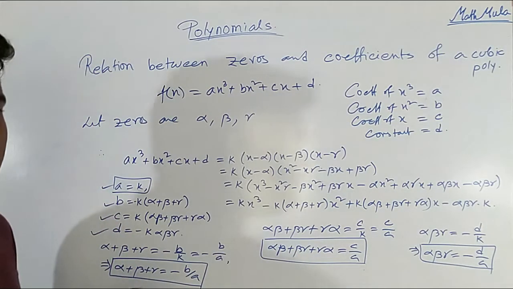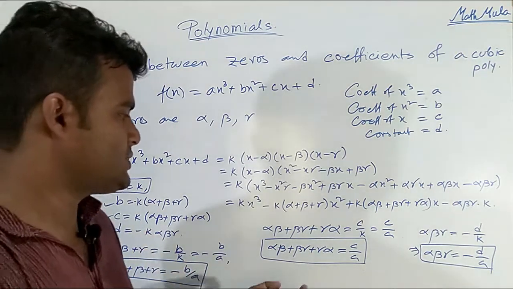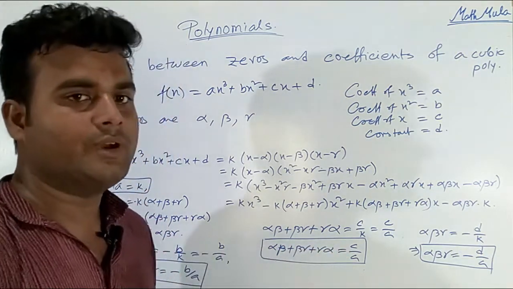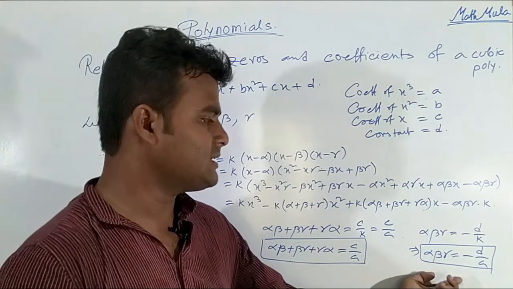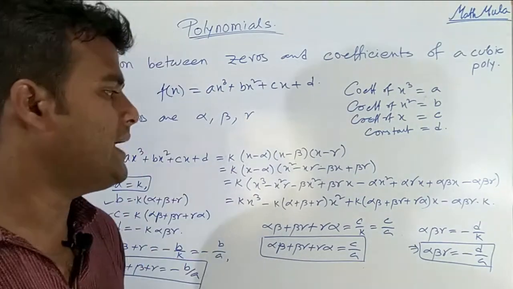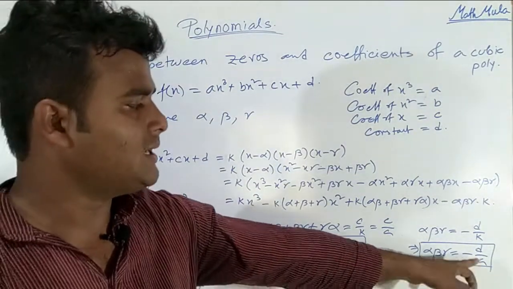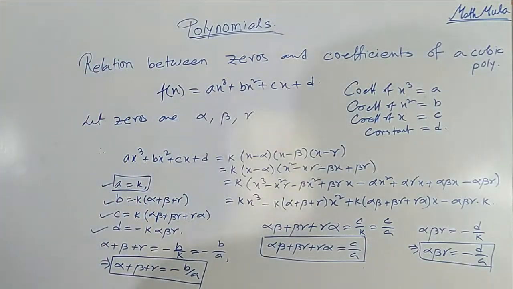That means the sum of the products of two zeros at a time is equal to the coefficient of x by the coefficient of x cube. And the last relation, the product of the zeros is equal to minus d by a, that is minus the constant term by the coefficient of x cube. That's it.